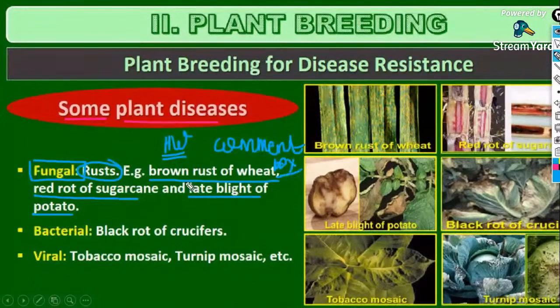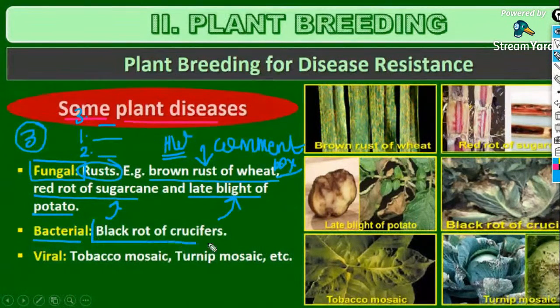In the comment box, you have to identify the name of the fungus that causes the brown rust of wheat, red rot of sugarcane, late blight of potato. So three terms, you have to number it. Number 1, brown rust of wheat caused by, red rot of sugarcane caused by, and number 3, late blight of potato is caused by. Bacterial disease, black rot of crucifers. Viral disease is the tobacco mosaic disease and the turnip mosaic disease.